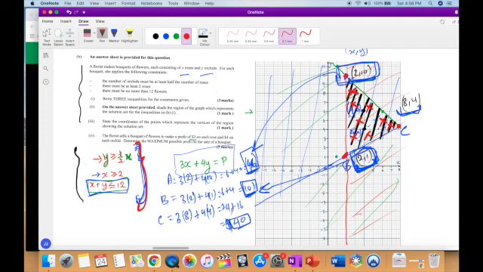The vertices of that triangle actually tell you where your maximum or minimum is. Right? Whether you're asking for profit, or sometimes they might ask you for something else. But once they use the word maximum or the word minimum, you want to check out the vertices there. So everybody cool with that? Does anybody have any questions about this?